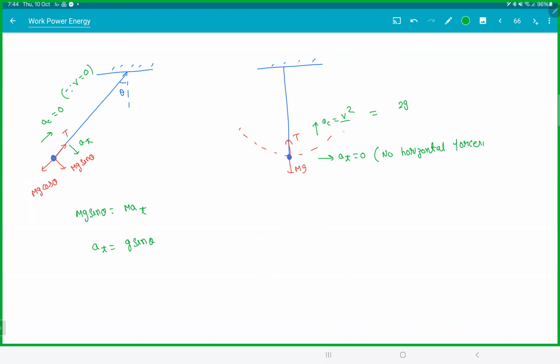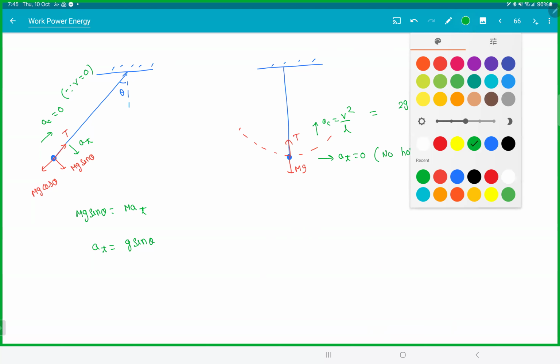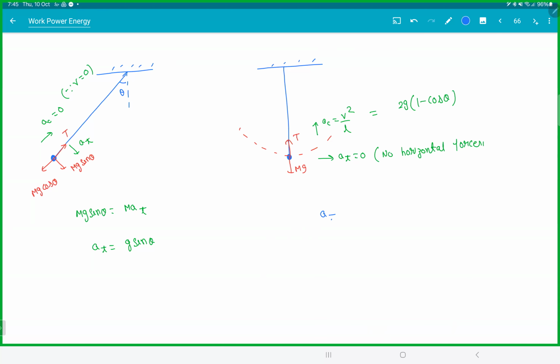So v square by L is 2g(1 minus cos theta). Now you're saying A tangential is equal to A centripetal here. So g sin theta is 2g(1 minus cos theta). g will cancel. You'll get sin theta equals 2(1 minus cos theta). I can simplify this further.